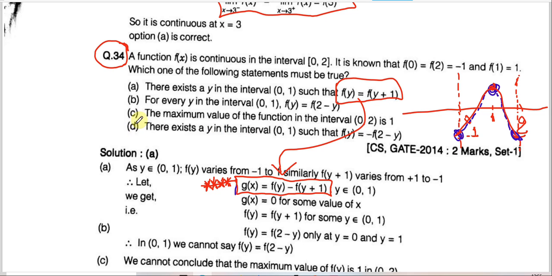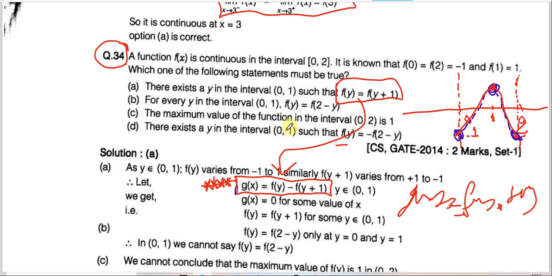Now let's check this option D. It is also the same. So f of y equal to minus f of 2 minus y. So here we will take g of x equal to f of y plus f of 2 minus y. Now there exists a y in 0 to 1. So in 0 to 1, you can simply put a value like 1 by 5, 1 by 2.